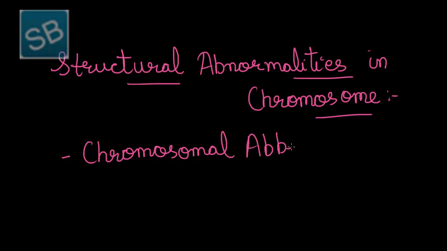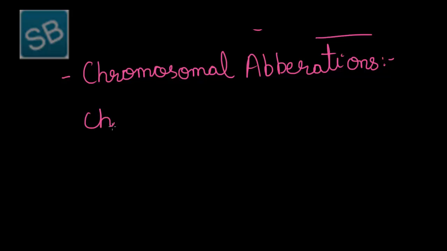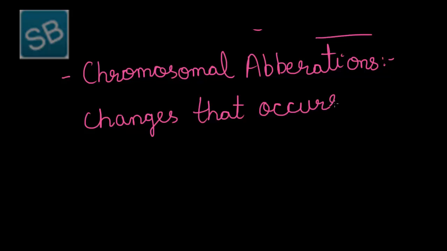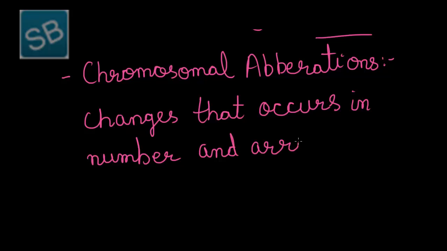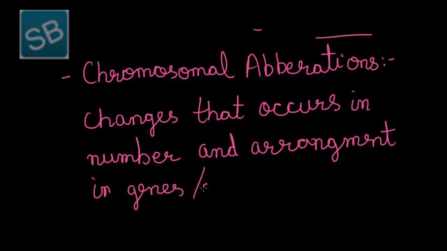Or in precise terms, we can define chromosomal aberration as the changes that occur in the number and arrangement of chromosome or gene.